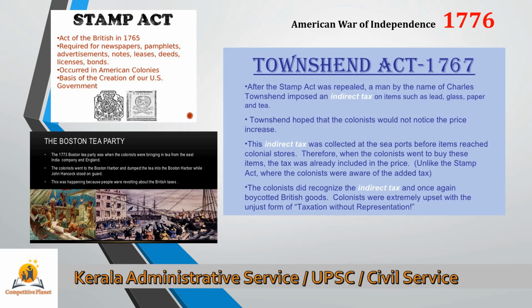So the colonists boycotted, went to the harbor and dumped all the goods, including the tea, into the sea. This was the main uprising from the colonists against the British.